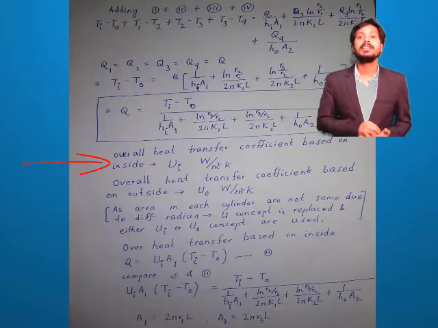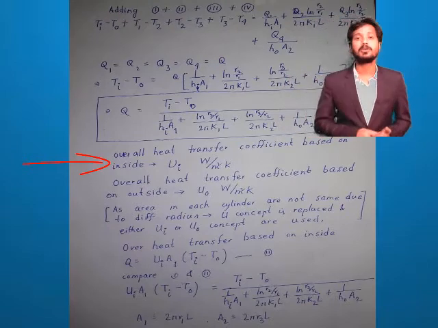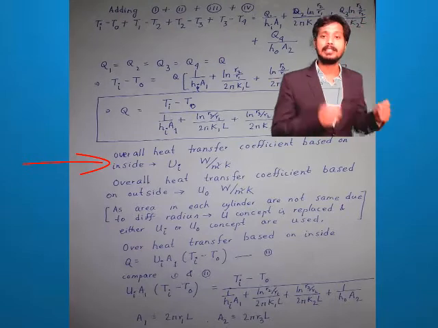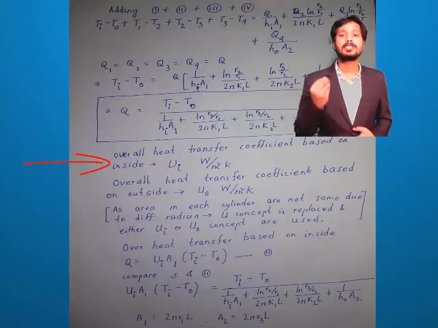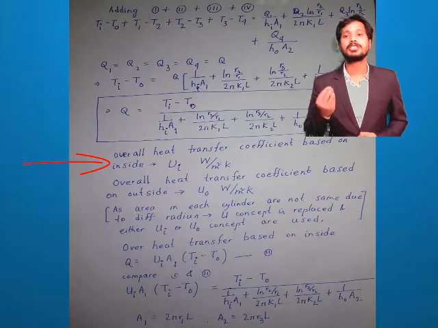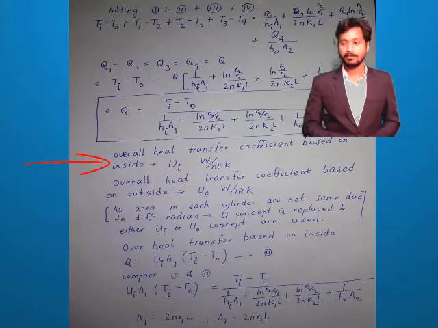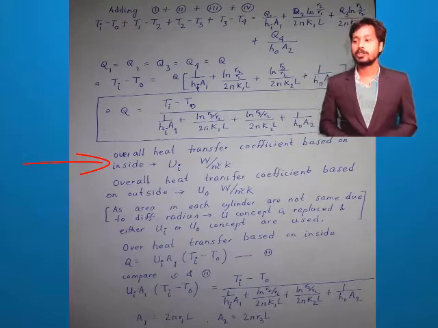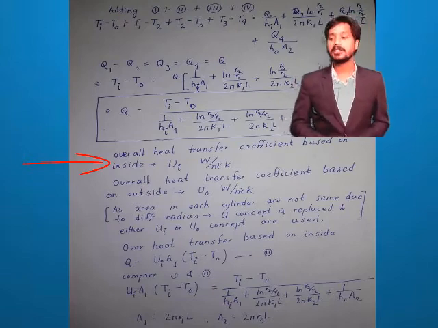So that's why you have to take the concept of overall heat transfer coefficient either based on inside or based on outside. So there is a small modification we make for cylinder or sphere. Overall heat transfer coefficient based on inside we have taken as Ui watt per meter square Kelvin.